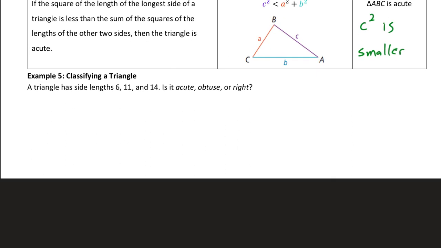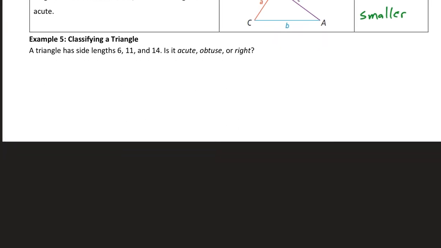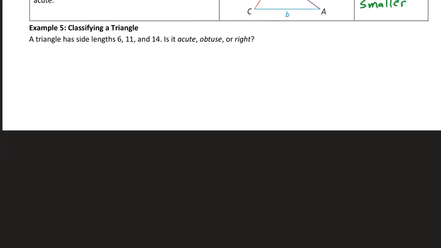In example 5, we're going to test if this triangle is acute, obtuse, or right. So I'm going to do a squared plus b squared equals c squared. And I'm not making that statement that yes it is. I'm saying is it. I'm testing if it is. 6 squared plus 11 squared is 157.